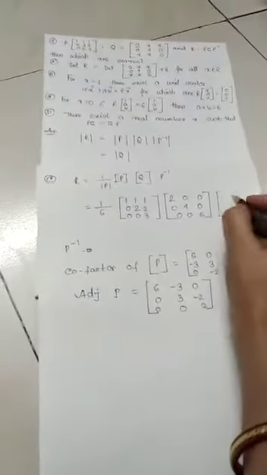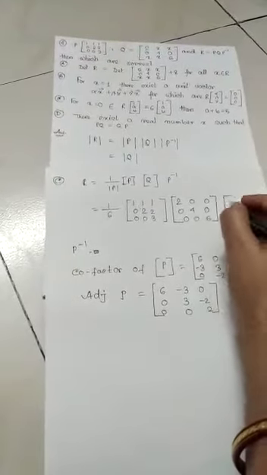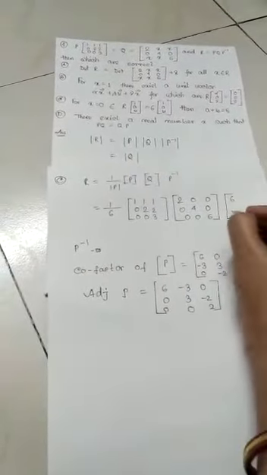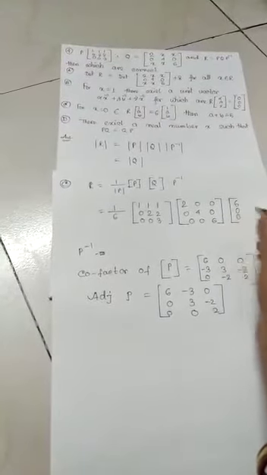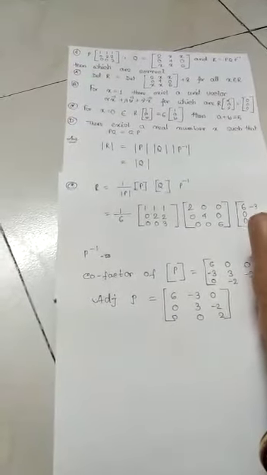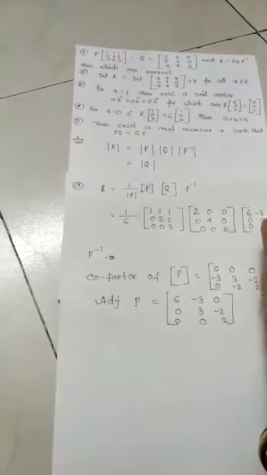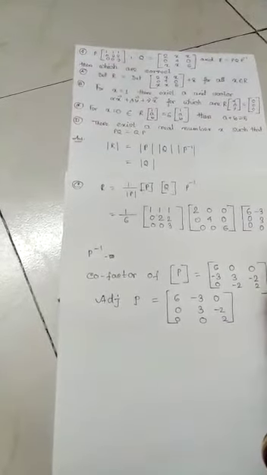We put the value of P inverse, which is 1 by 6 times the adjoint 6 -3 0, 0 3 -2, 0 0 2.